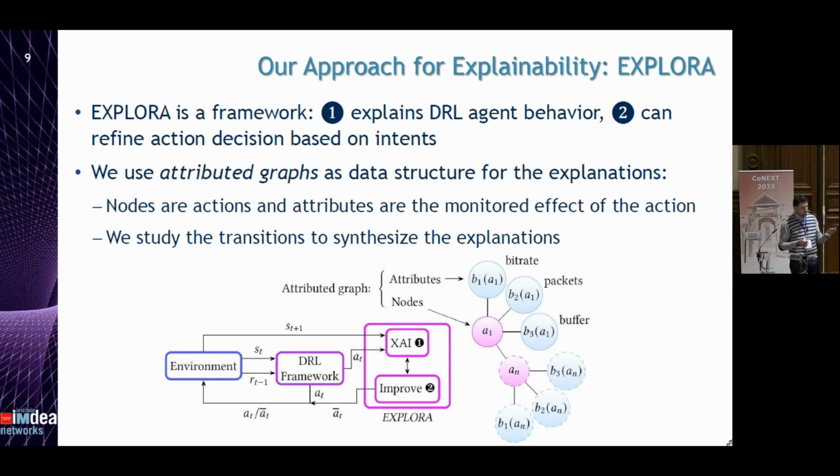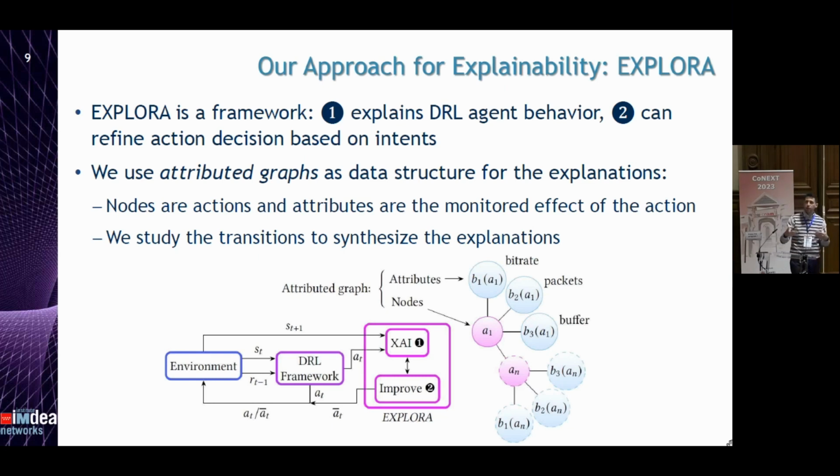As you can see, in the environment we generate a state that represents how the network looks right now. The DRL agent framework reads the state and takes an action. And what we do here is record this action as a node of the graph. Then this action is enforced, so it creates an effect on the network that materializes in the next step.